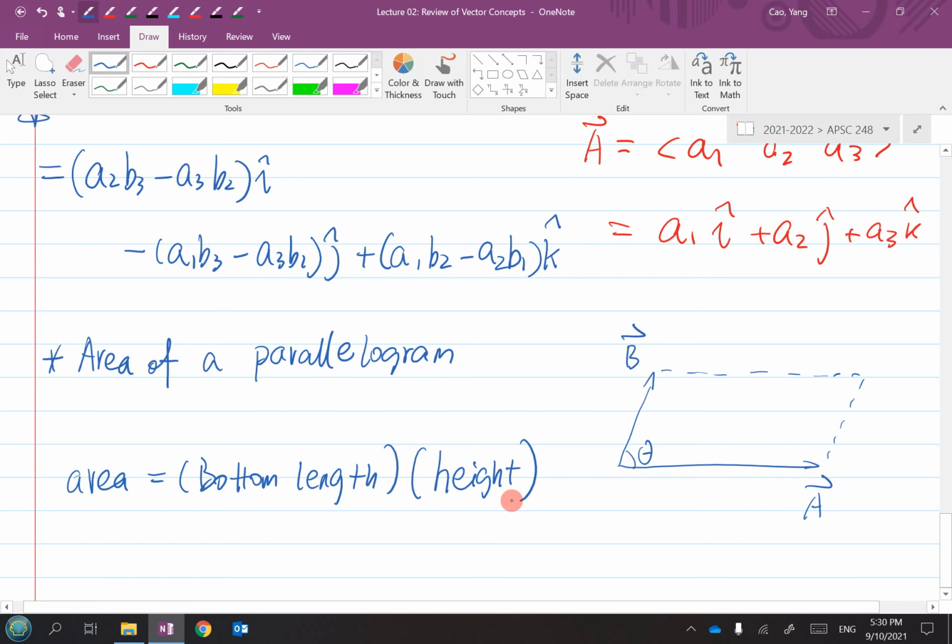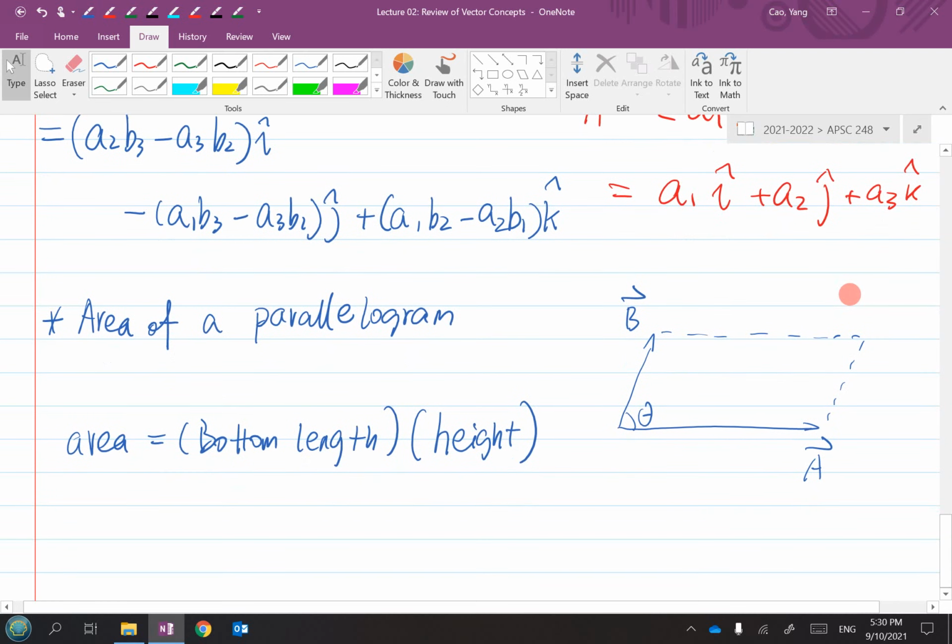How do I find the height? Let's find the bottom length first. That's pretty easy, because the bottom length is given by the length of the vector A. So your bottom length is the magnitude of the vector A.